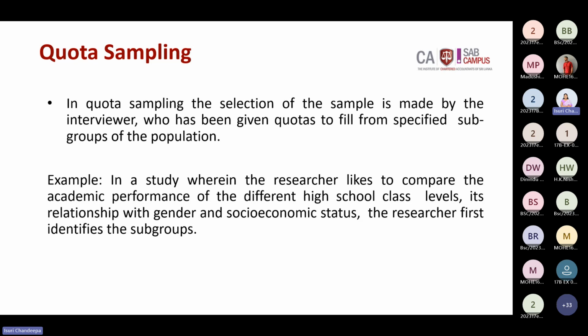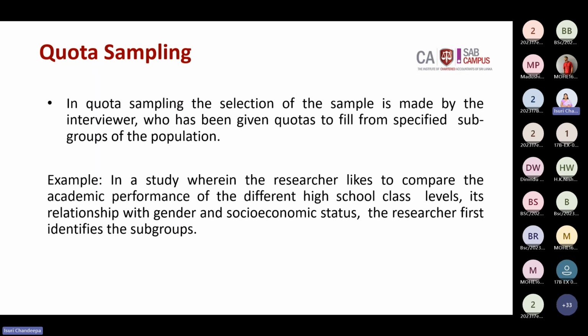For example, in a study wherein the researcher likes to compare the academic performance of different high school class levels and its relationship with gender and socio-economic status, the researcher first identifies the subgroups.